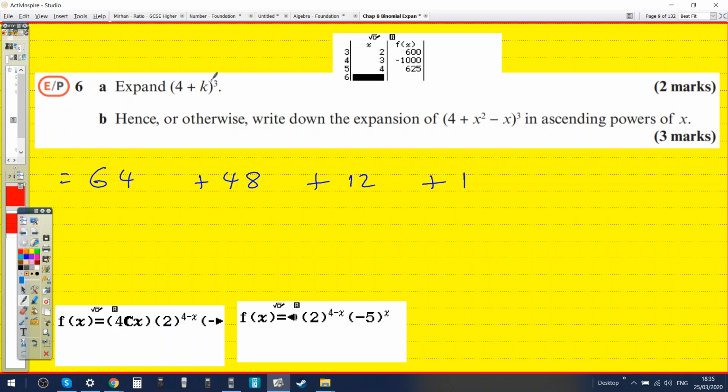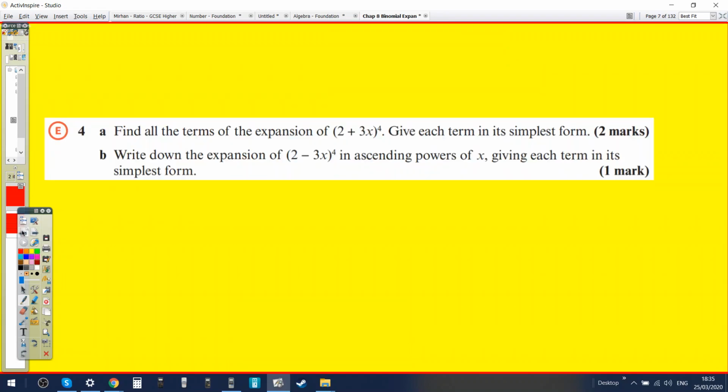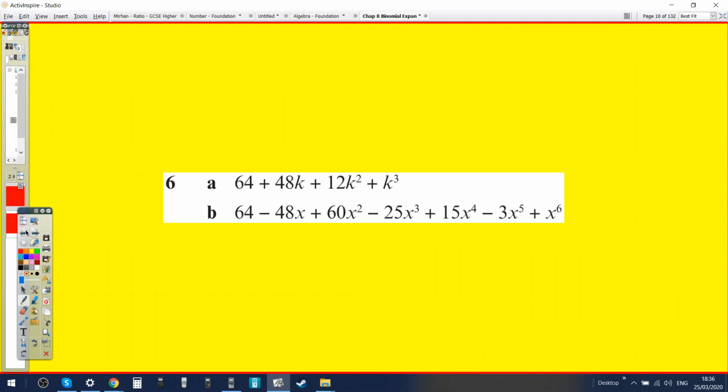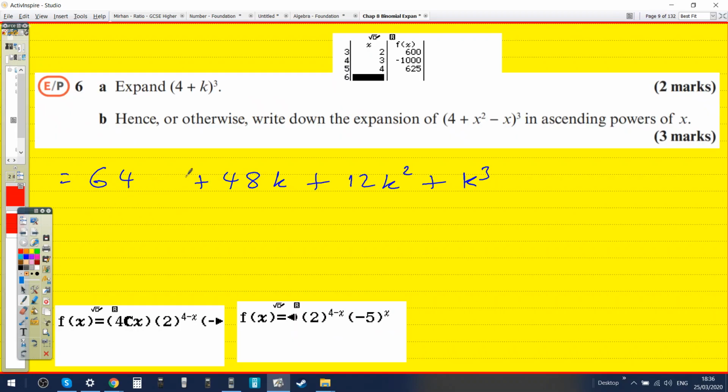For this one, the k came second. Oh, so the opposite way around. So I think the opposite way around. So I think this one at the end would be cubed. Yeah. Okay, so let me just check. 64. Yeah. Mm-hmm. And then, yes. Any idea how you could use that to do part B?